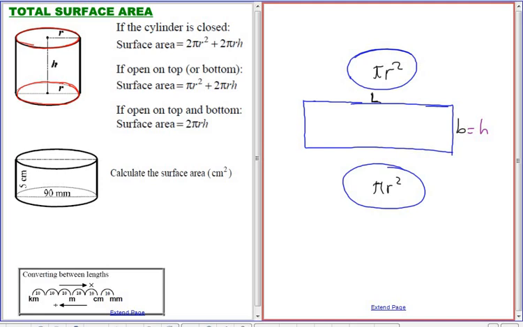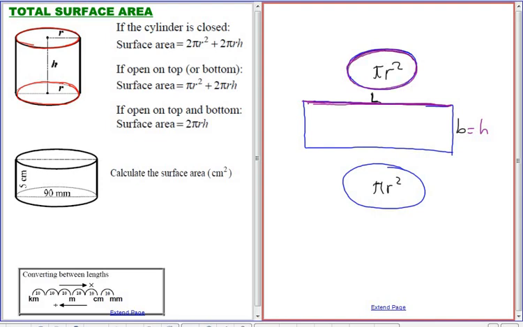And don't forget this side, which is the length. This is the curved part, and when you fold it back, it just goes round on this circle right here. So in other words, this length, which is L, happens to be equal to the circumference of the circles that we've got.